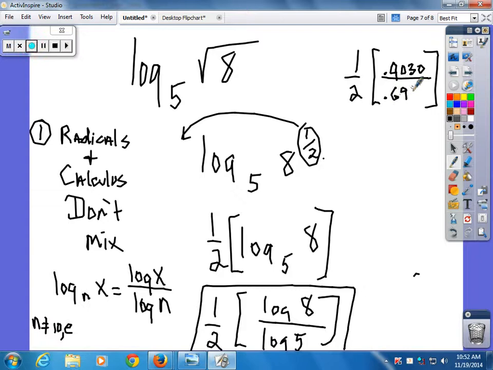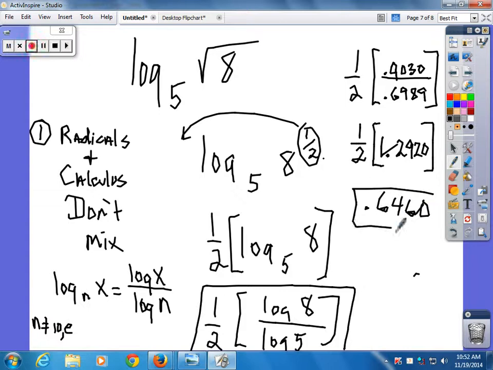Do that math. Give me the decimal, 4 decimal places. 0.9030 divided by 0.6989 is 1.2920. And then multiply that by 1/2. 0.6460. And that's your final answer.